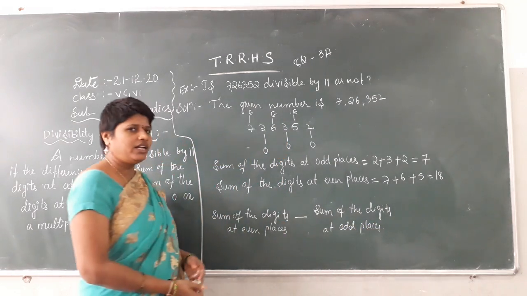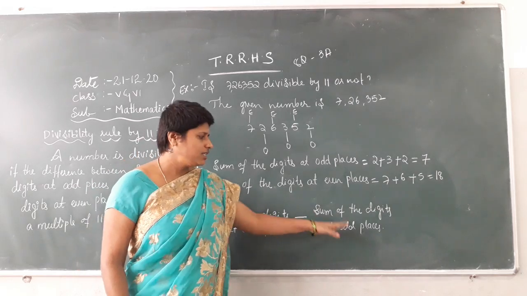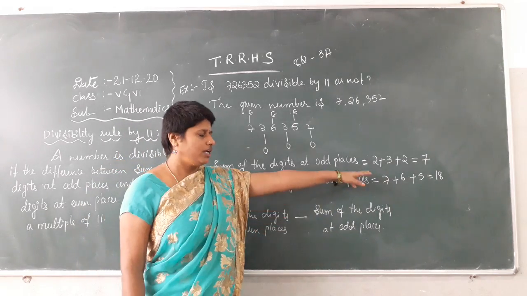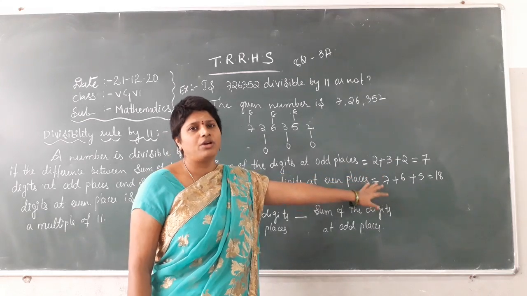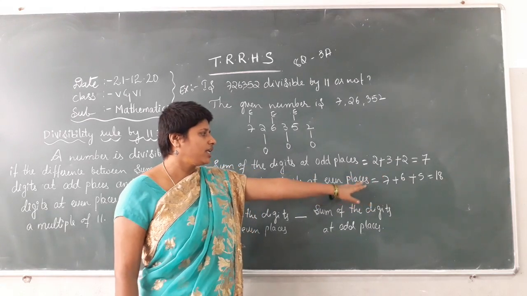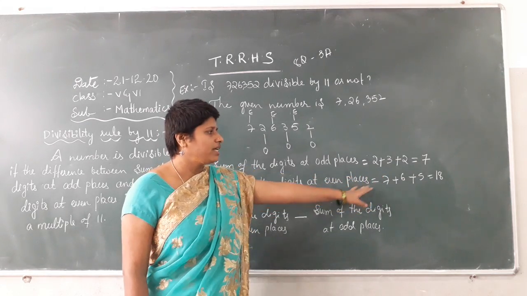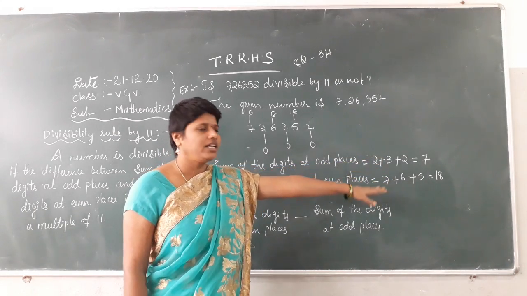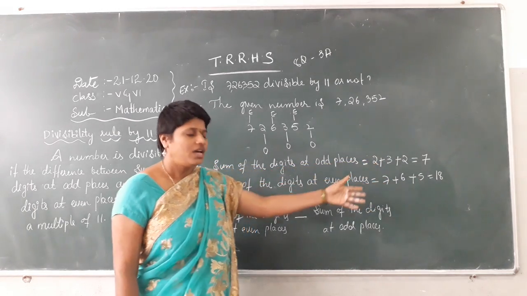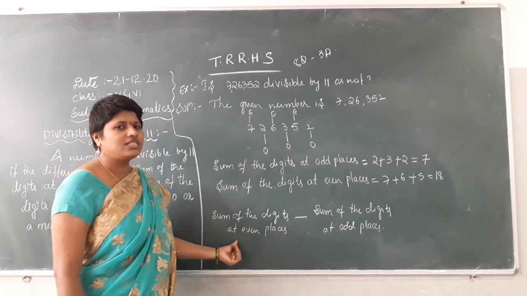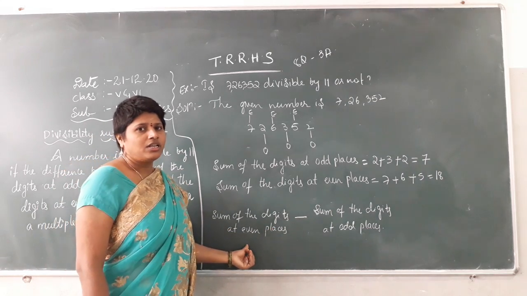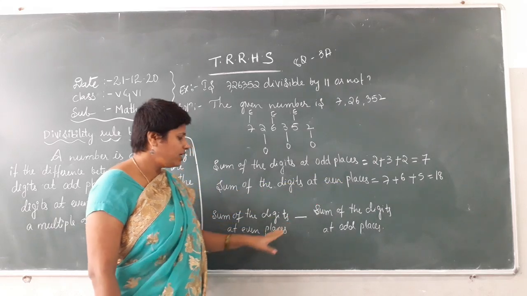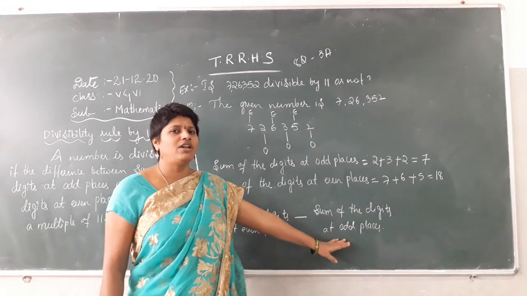When you are finding the difference, it depends on the numbers you get. Here I am getting the sum of even places as 18 and the sum of odd places as 7, where 18 is greater than 7, so I have written the sum of the digits at even places first. In some cases you will get the odd places more, so you have to write odd places minus even places.